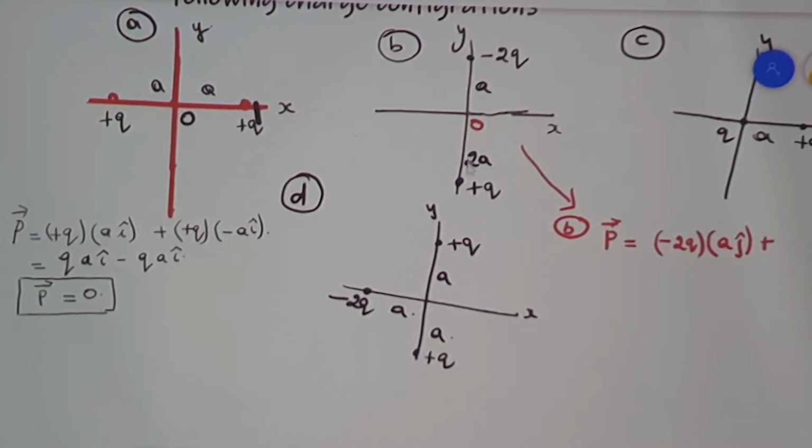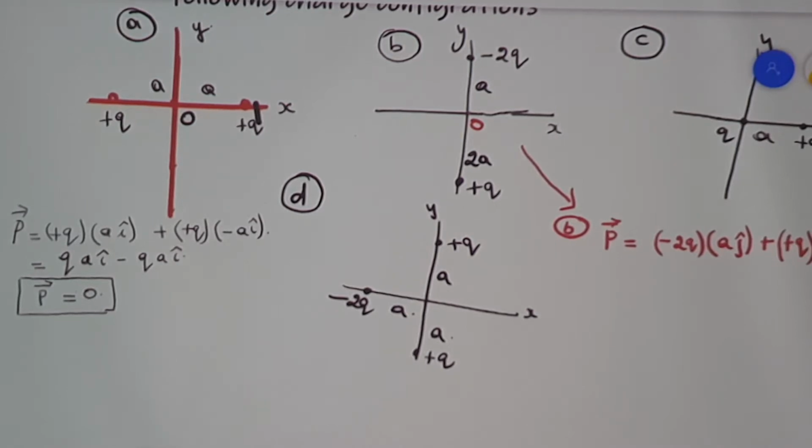Plus, consider the other side. You have the charge plus q multiplied with 2a, but along the negative y-axis, so I put a minus j cap.